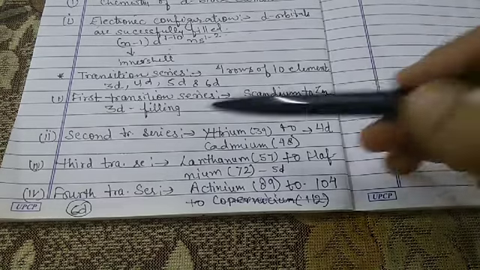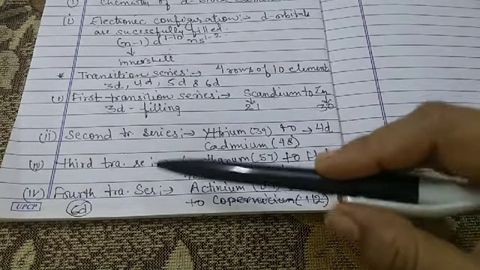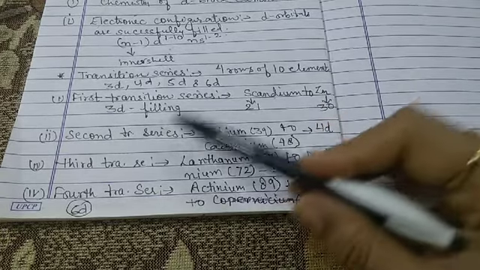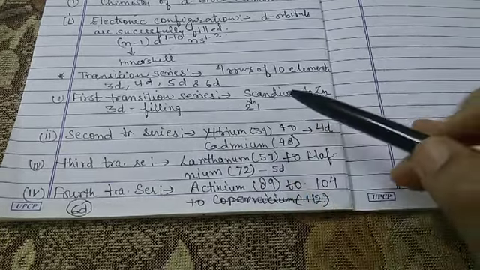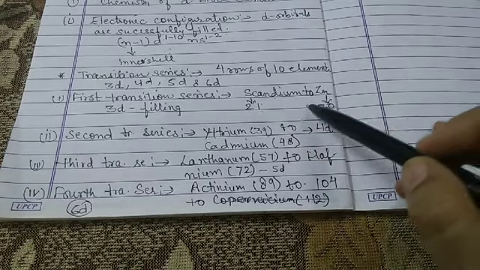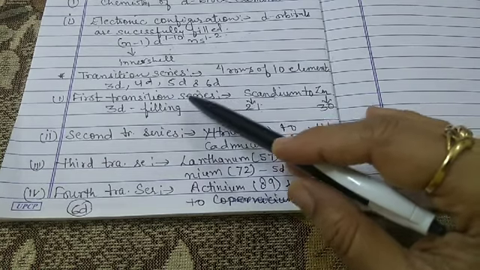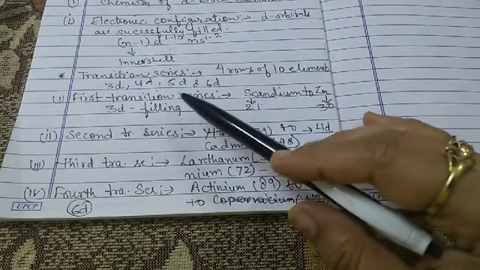Now let us discuss the first, second, third and fourth transition series. In the first transition series, which starts from scandium to zinc, the gradual filling of the 3d orbital takes place.